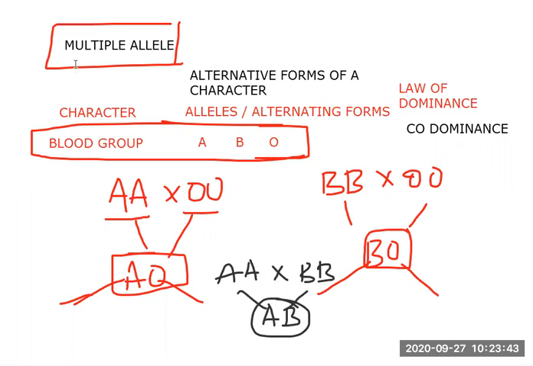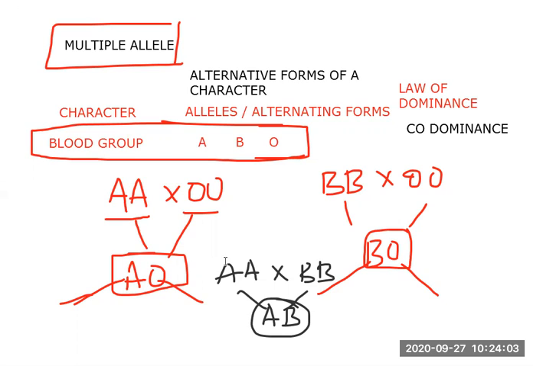Blood groups are called multiple alleles because more than two allelic forms are present for the character blood group. That's why we call them multiple allele. They follow the law of dominance. When A is crossed with O, we get A. When B is crossed with O, we get B. So at that time we say the law of dominance is followed.